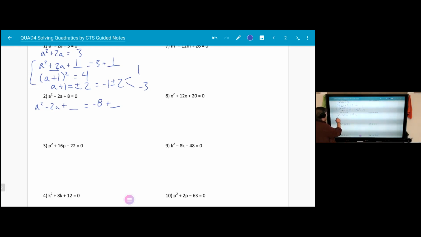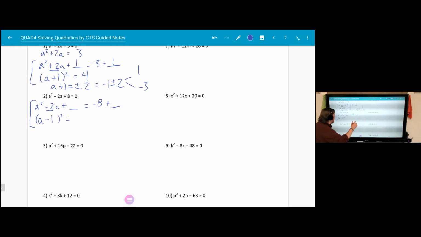Again, make this a one-step deal. I take this value and divide it by 2, and I get a minus 1 squared. What is negative 1 times negative 1? Yes, that is positive 1. So on the left-hand side I end up with a squared minus 2a plus 1.